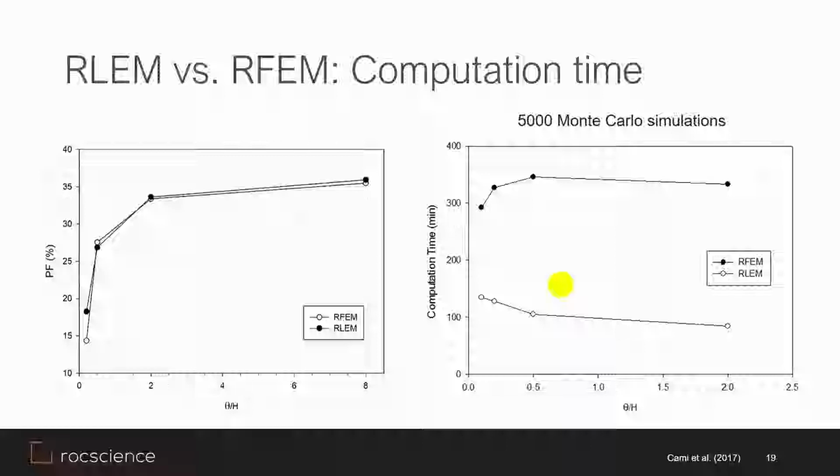This is only for 5,000 simulations in this example, and that's why random limit equilibrium method is the only option for complex geometries. Where random finite element method takes days, random limit equilibrium method takes hours or sometimes minutes.